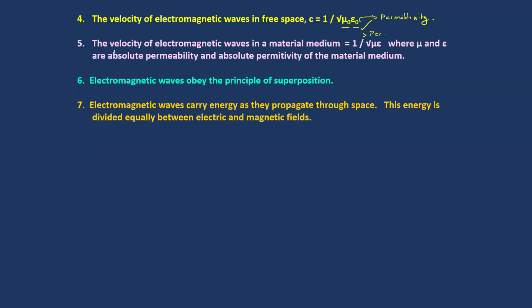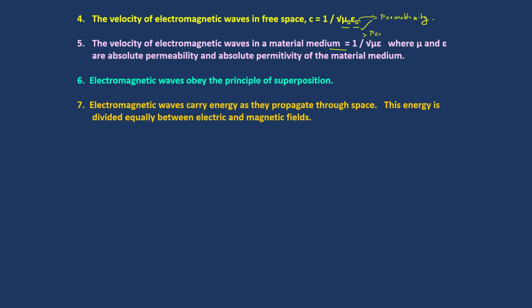So the fifth property is about the velocity of an electromagnetic wave in a material medium. Similar to the velocity in free space, it can be calculated using the formula 1 divided by the root of mu times epsilon, where mu and epsilon again represent the permeability and permittivity, but their absolute values.